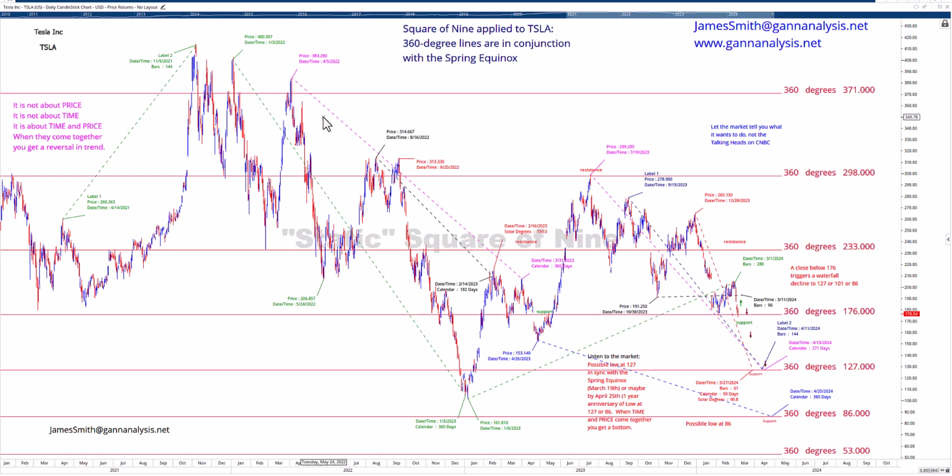So that makes it easy to figure out what you're going to do. It's not that you have a master plan. You have to admit what you don't know. You don't know exactly what the stock is going to do, but you do know what to listen for as you get closer to these cycle dates, and you know what price level to watch that will confirm that you're starting a big move down.